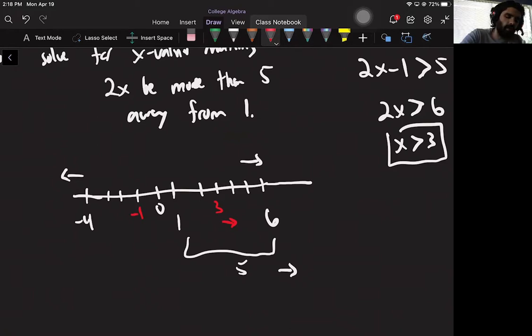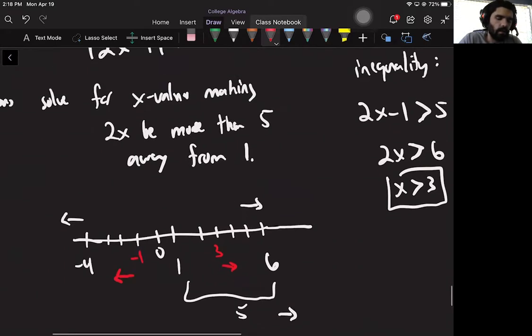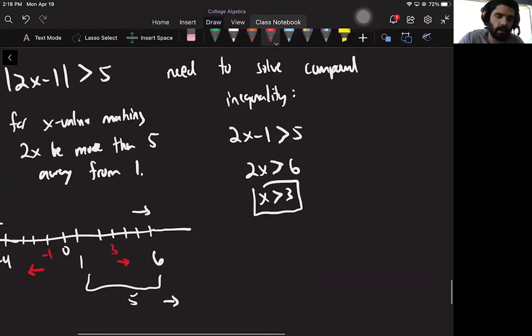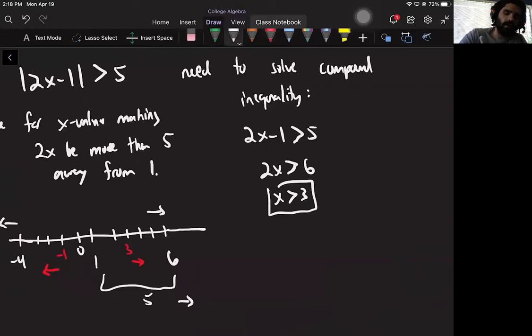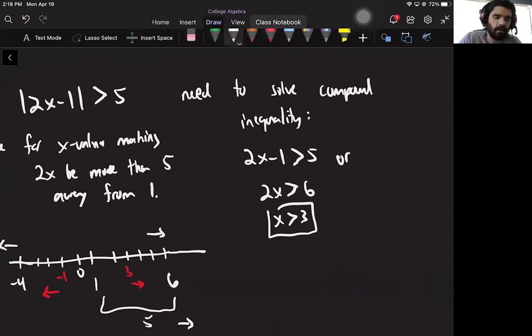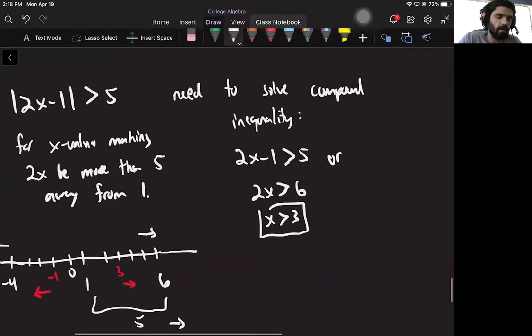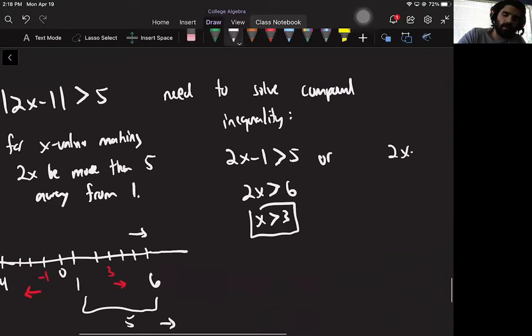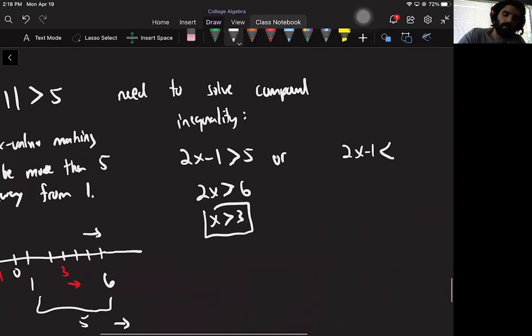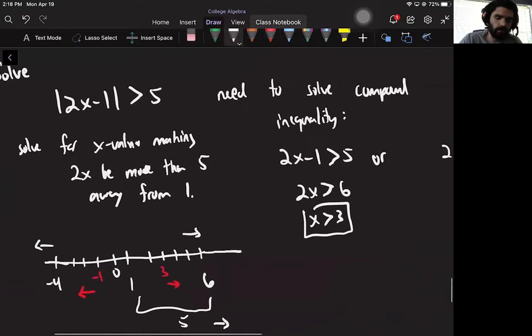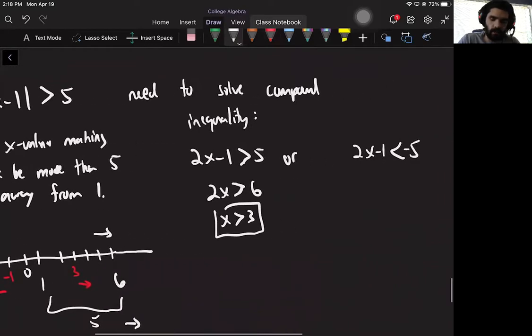But I'm going to want to be further that way than -1. So in fact, the other inequality that I need to solve, so I said it would be a compound inequality, is that I need 2x minus 1 to be to the left of -5. And that will get me what I want.